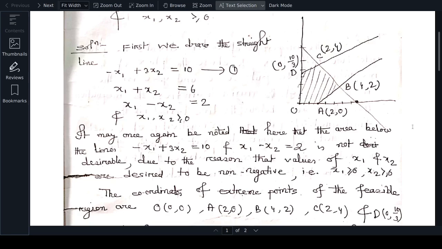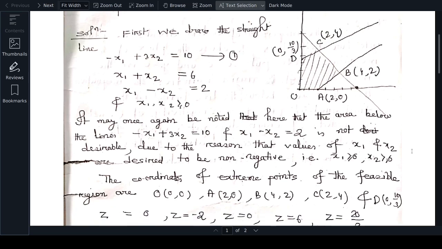When we put x1 = 0 and x2 = 0, then the inequality is satisfied.